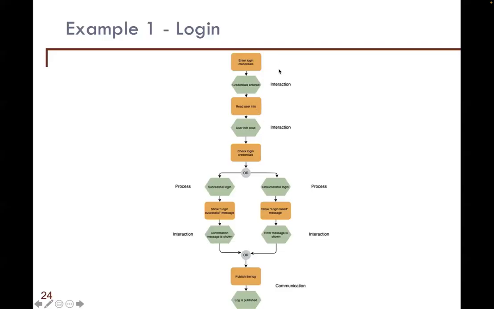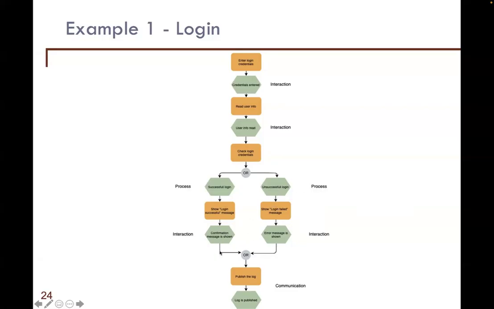So when we draw the EEPC, it's like enter login credentials, and then credentials are entered is an interaction event. And then read user info, and user info is read from the database. It's again an interaction event. Check login credential, it is a process event because we have a decision here.